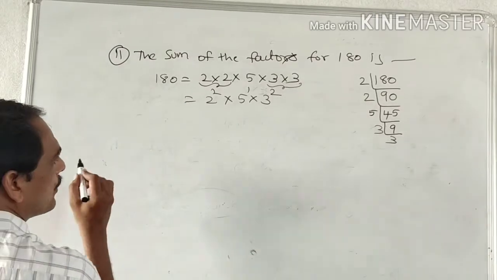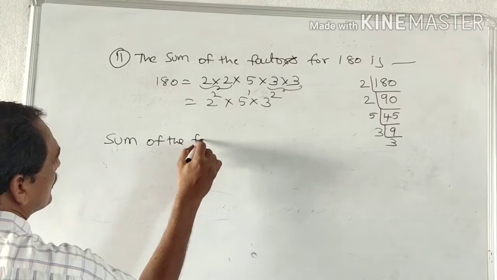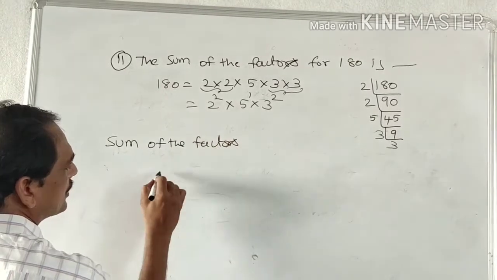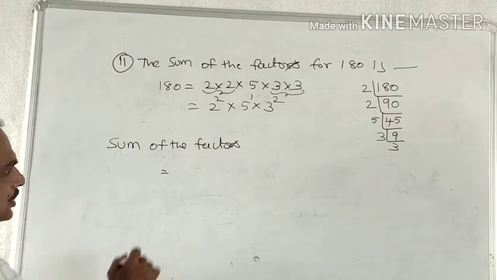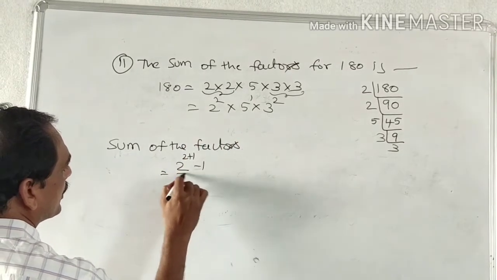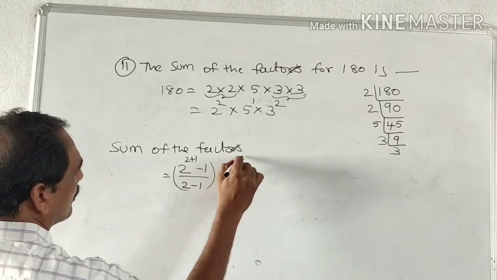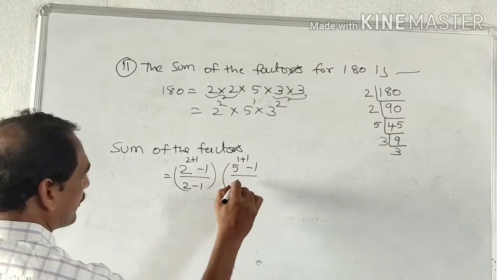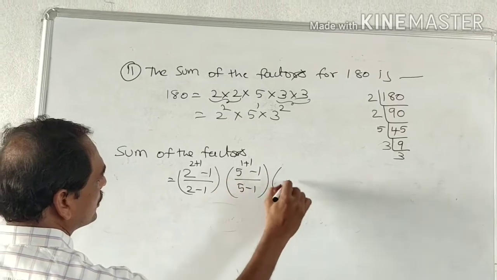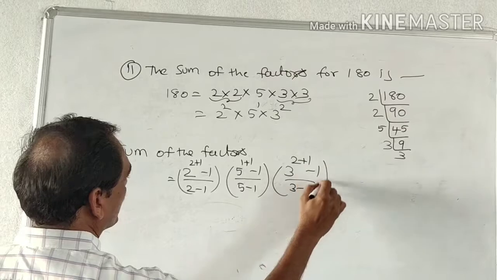Now for the sum of the factors, we use the formula: sum of the factors equals (2 power 2 plus 1 minus 1) by (2 minus 1), into (5 power 1 plus 1 minus 1) by (5 minus 1), into (3 power 2 plus 1 minus 1) by (3 minus 1).